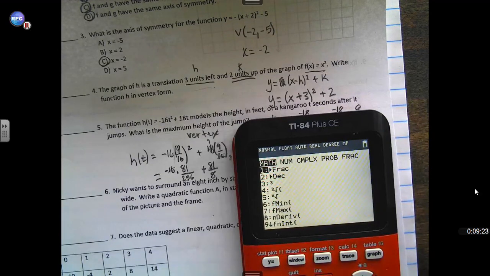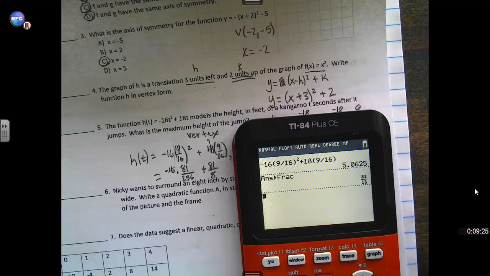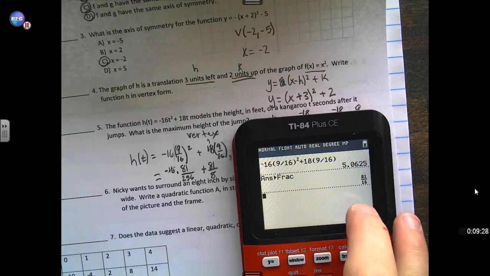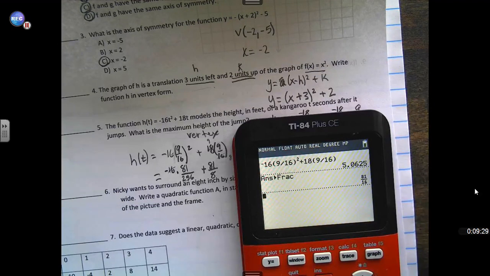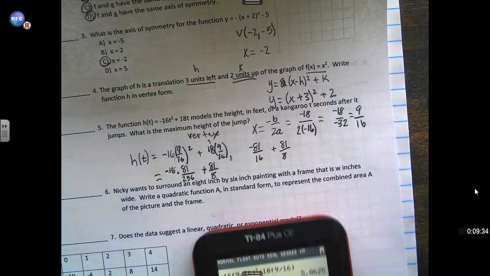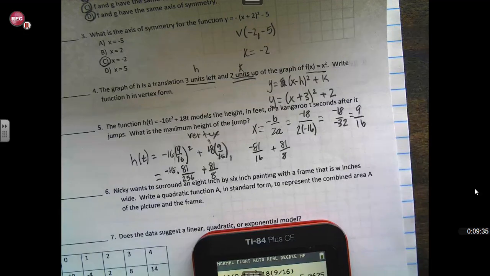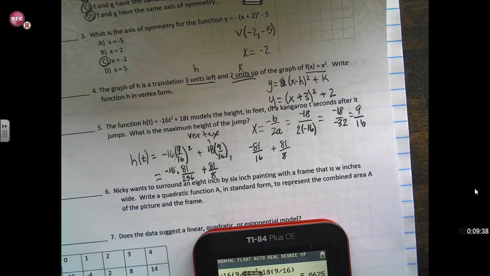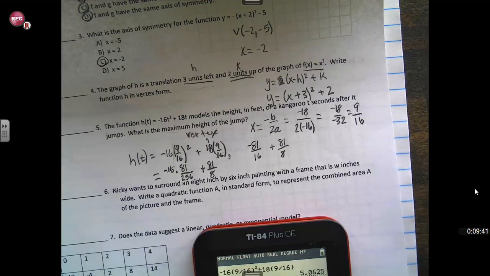I want a fraction. 81 over 16 is what I'm getting. Not confident in that answer.